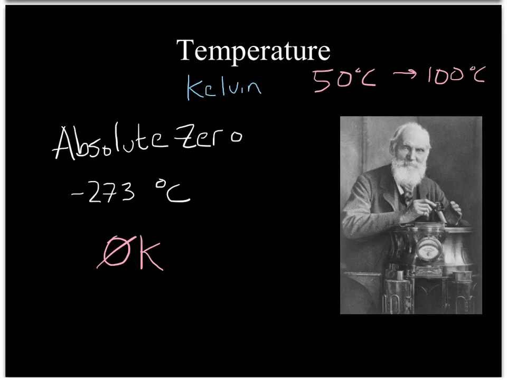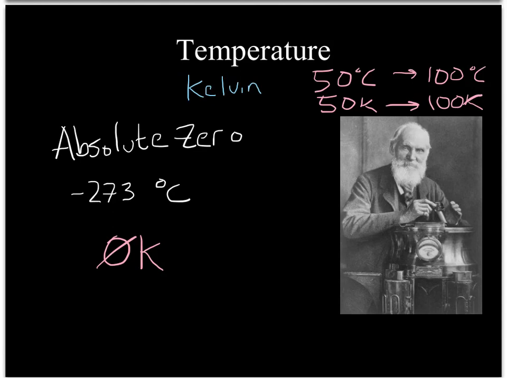That may seem confusing, but it looks like it from the numbers because 100 is double of 50. But the amount of energy that's in a substance at 100 degrees is not double 50 degrees. Okay, so it's not a relative scale. It's not a good scale for that sense. But in Kelvin, it is. So 50 Kelvin would be half as warm as 100 Kelvin.